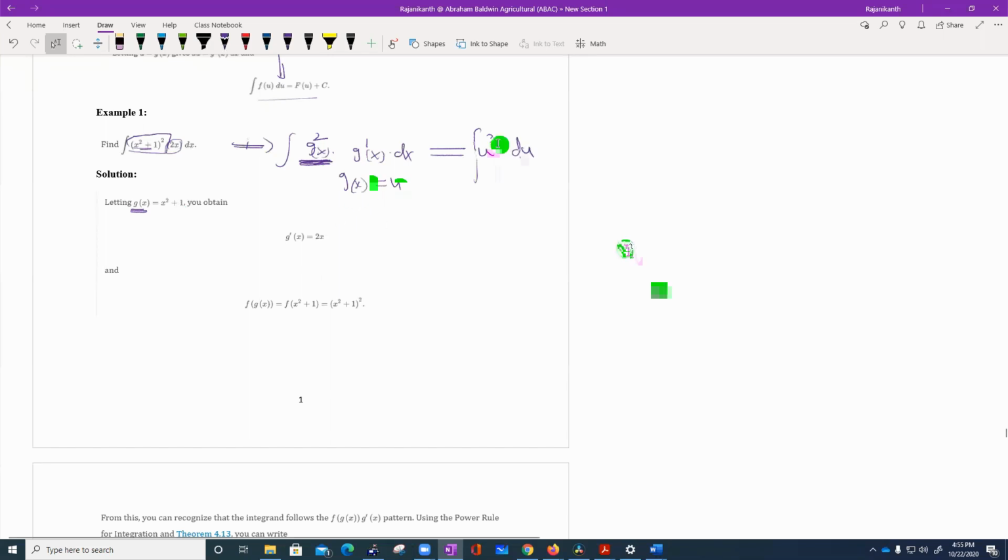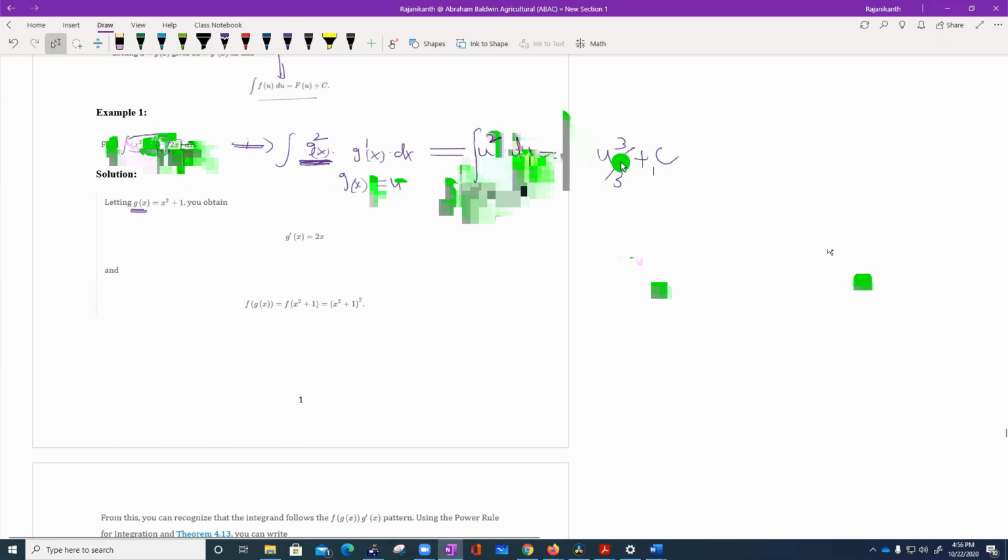Okay, so this is an easy substitution to find out the complicated problem. Now you know how to find the antiderivative of u squared by using the basic formula, that is u cubed over 3, right? But remember, there was no u in the original problem, but we let u as g of x.